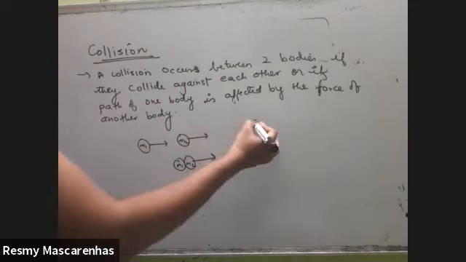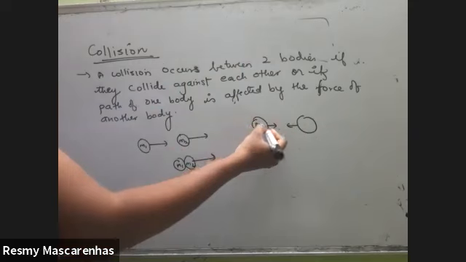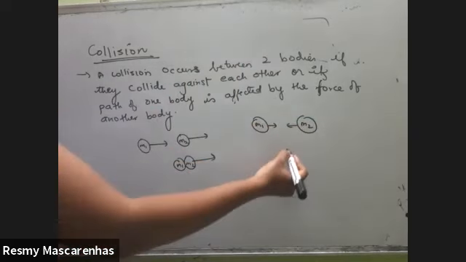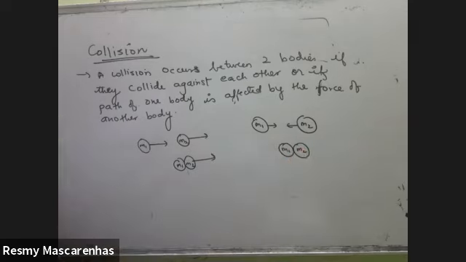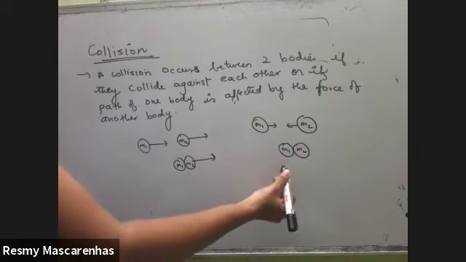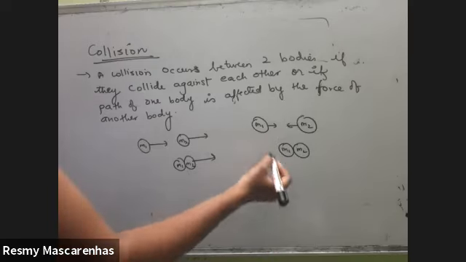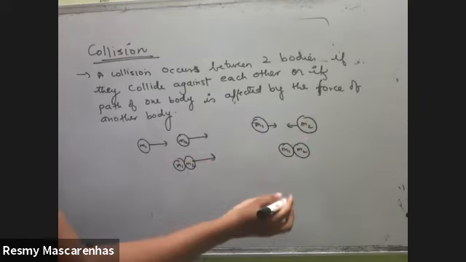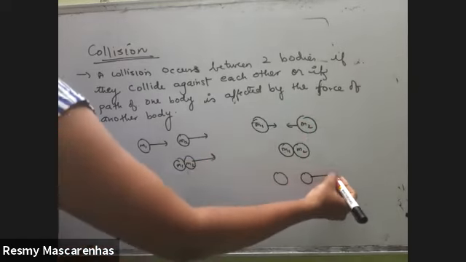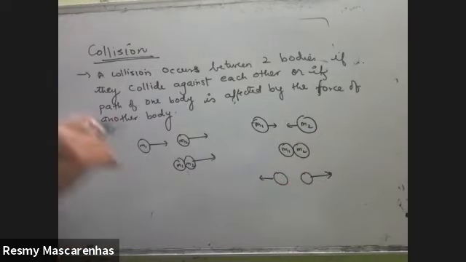Or one more option, suppose they were coming like this, so they will dash each other, and then there are so many ways. Based on the speed of this one and the other one, they may dash and then start moving in the opposite direction.